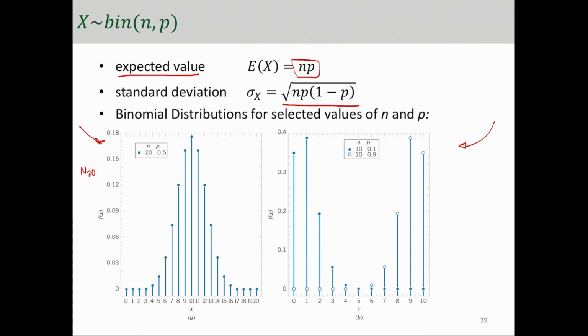The highest probability is associated with 10 successes, right? 10 successes have the highest probability. But number of successes ranges between 0 to 20 with different probabilities. Obviously, the highest probability is associated with 10 successes, which is the expected value of this random variable.